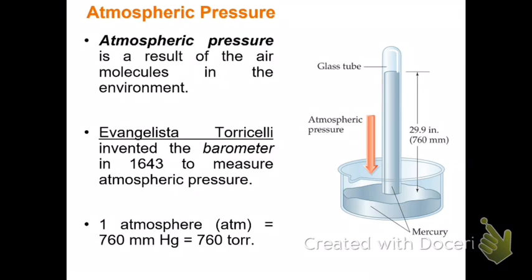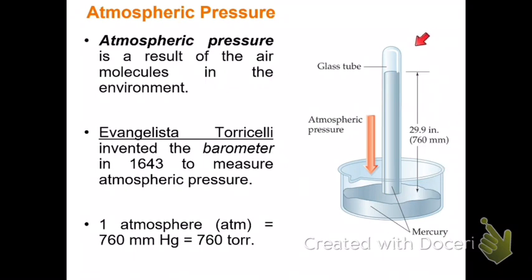So there's this guy in the mid 1600s, Evangelista Torricelli. He invented the barometer, and the barometer is basically a device that measures atmospheric pressure. The figure over here on the right-hand side is basically a simple barometer.